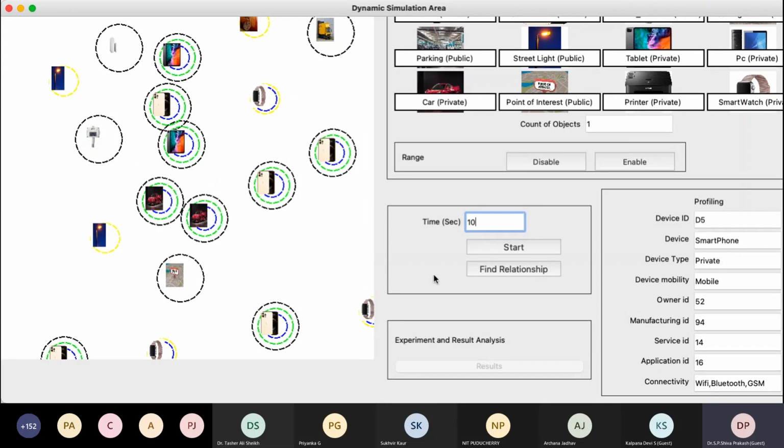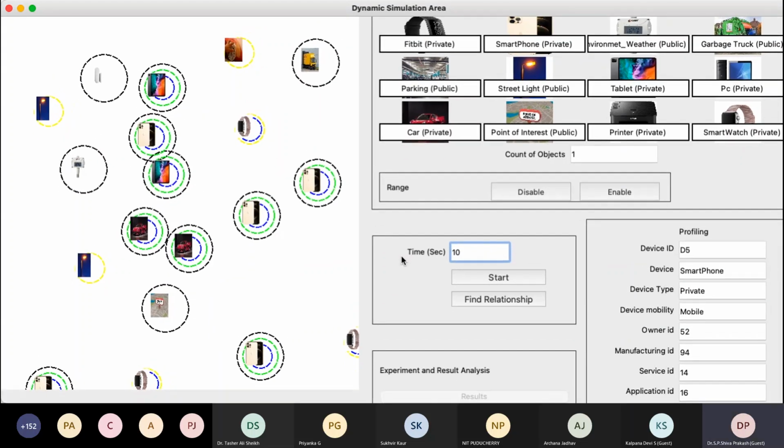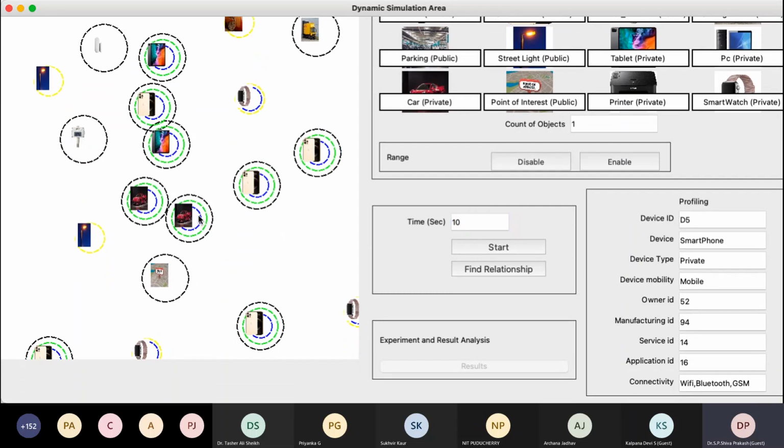Now you can notice that when I click on any object, the profiling changes. For this profiling, we have randomly generated the values by considering certain specifications. If you look into this, the service IDs are something around 16 services for 26 applications.